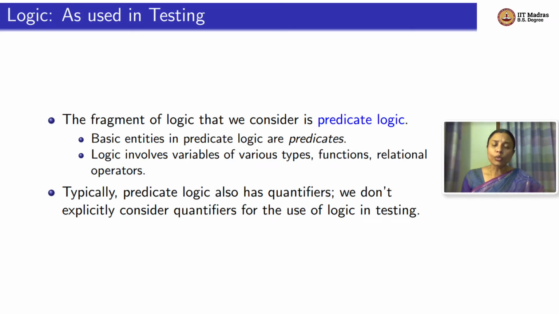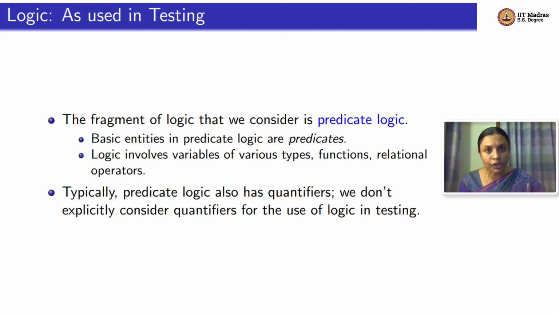As I told you several times, the fragment of logic that we consider for testing is what we call predicate logic. The basic entities are predicates, and predicates could involve variables of various types: integers, strings, floating point numbers, arrays, and so on.